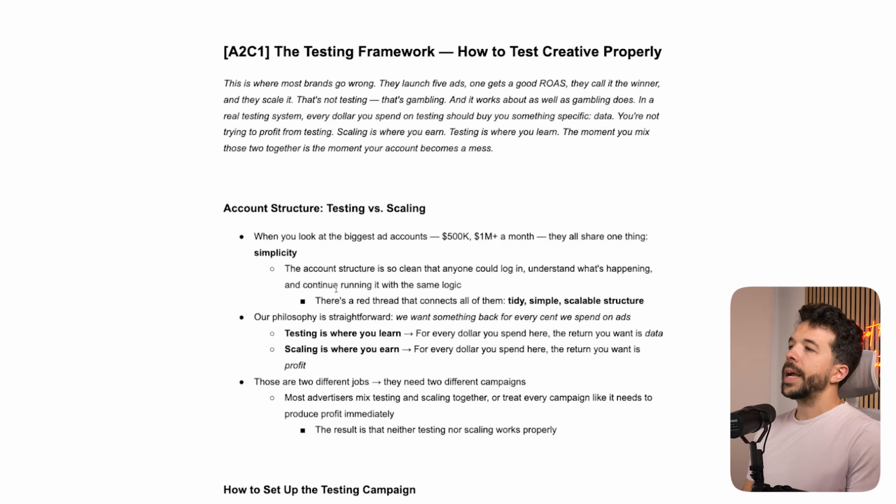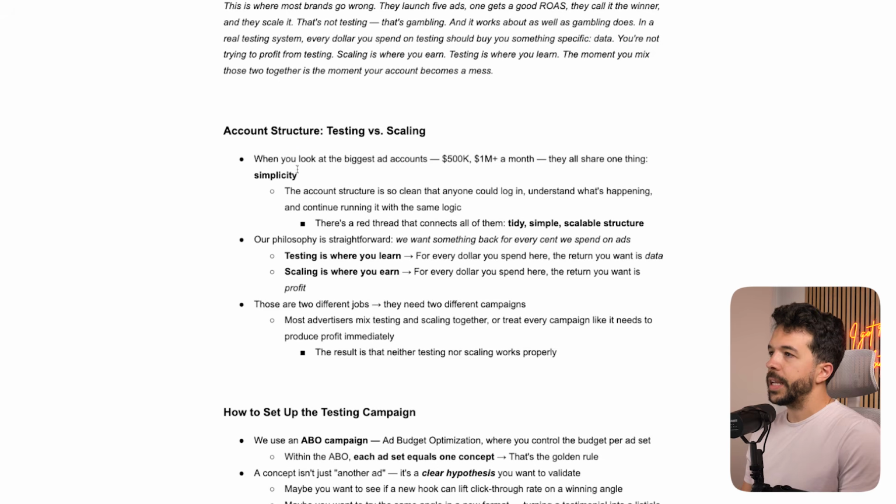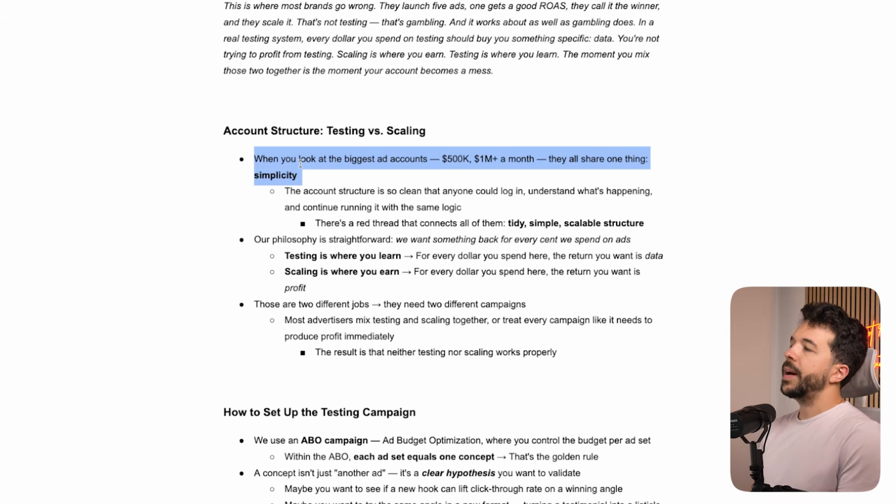So let's start with the account structure, testing versus scaling. When you look at the biggest ad accounts, 500 grand, 1 million a month, 2 million, 3 million, and so on, they all share one thing most of the time. And the thing is simplicity.